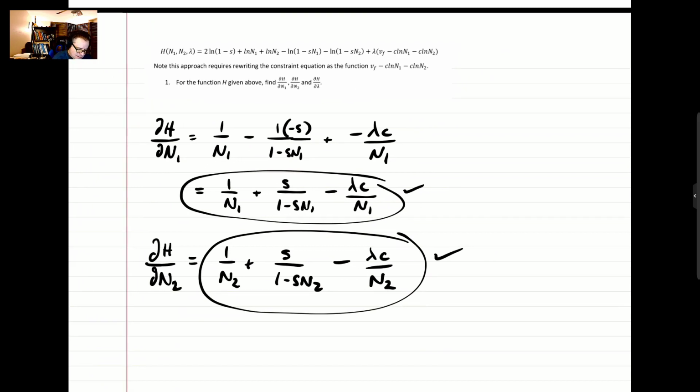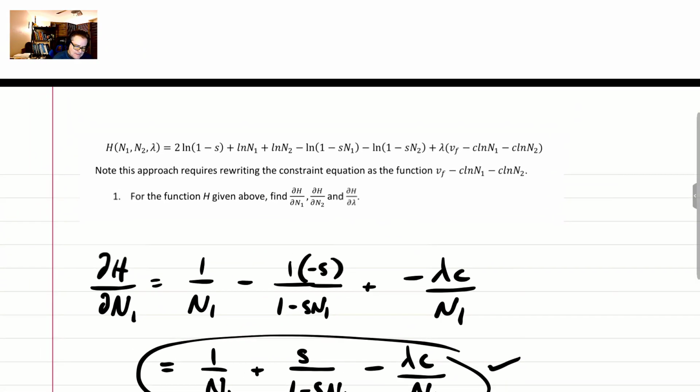And then finally, the last thing to do here is a derivative with respect to lambda. Taking a derivative with respect to lambda of this entire function, this goes to 0, 0, 0, 0, this goes to 0. All of these are 0 because there's no lambda. And actually, with respect to lambda, all this is a constant. So you end up with just that expression.